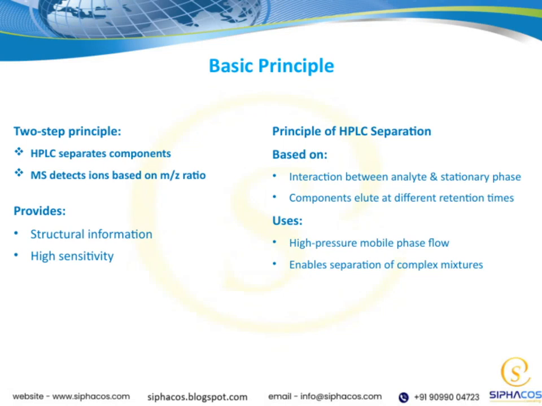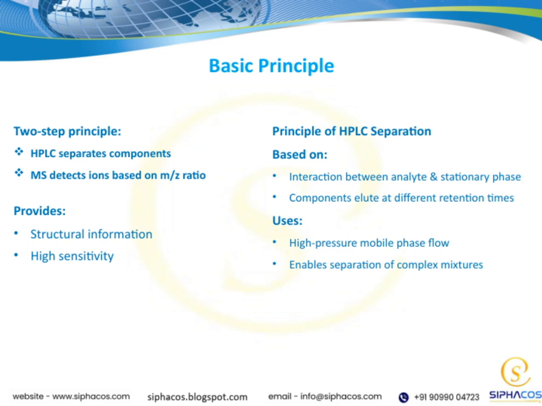Let's take a closer look at the principle of HPLC separation. At its core, HPLC relies on the interaction between the analyte, which is the compound we're trying to analyze, and the stationary phase, which is fixed inside the column. These interactions determine how quickly or slowly different components move through the system.